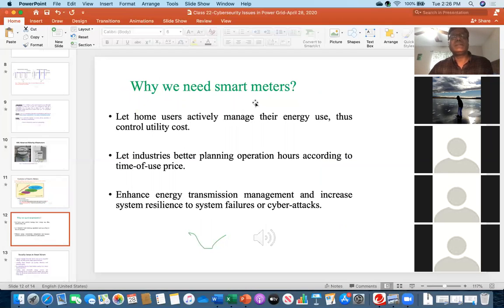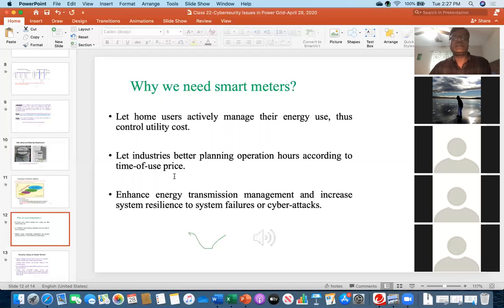Because they let home users actively manage their energy usage, and thus control utility cost. In previous classes, we discussed demand response; we discussed these points, again kind of repetitive. Also, smart meters let industries better plan operation hours according to time of use price.